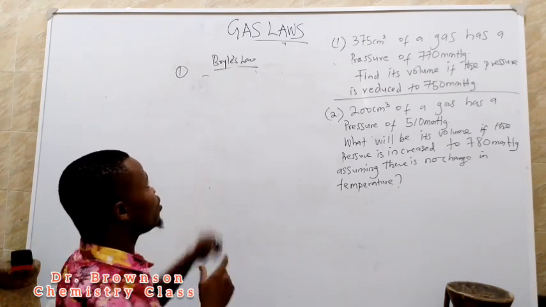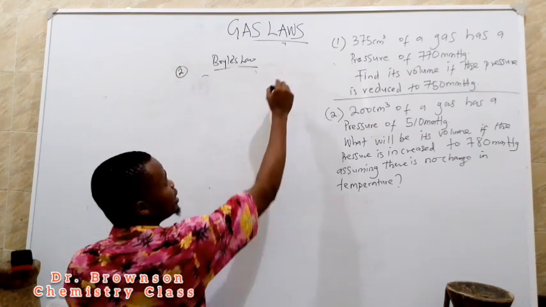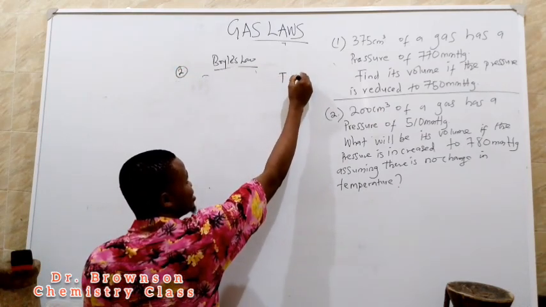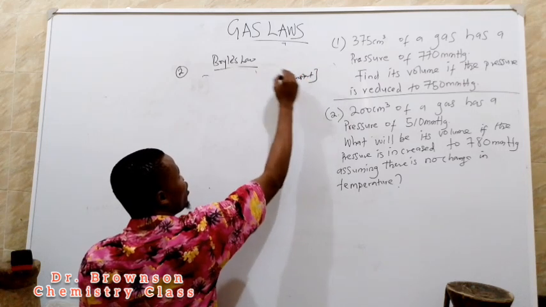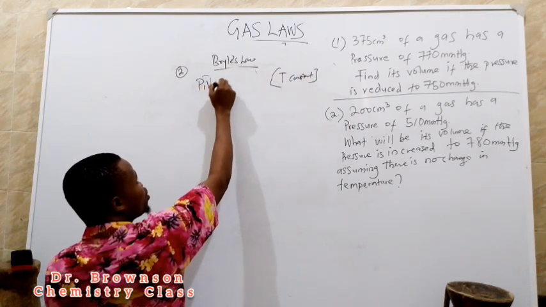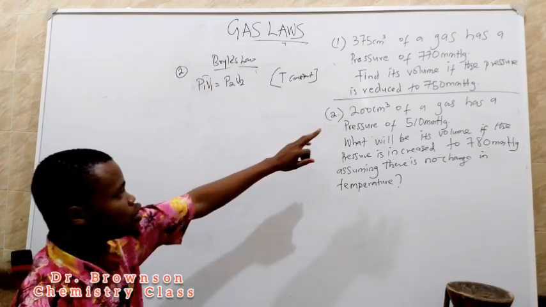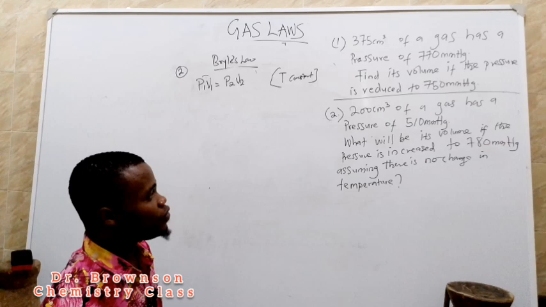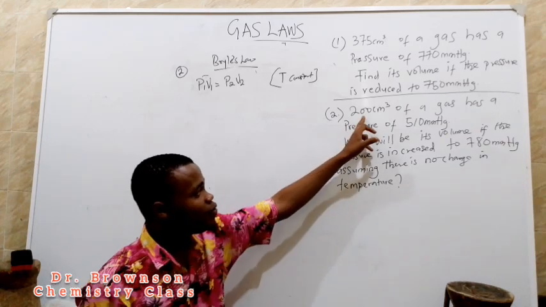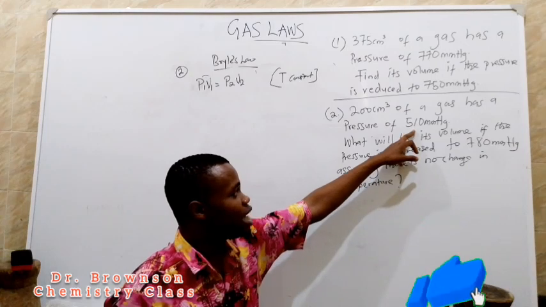Remember, in Boyle's law, which is question number 2, temperature is always what? Constant, right? So we still have the formula to be pressure 1 volume 1 equals to what? Pressure 2 volume 2. So 200 centimeter cube of a gas. Remember, over here you have your 200 centimeter cube, right? Over here you have your what? 510 millimeter mercury.